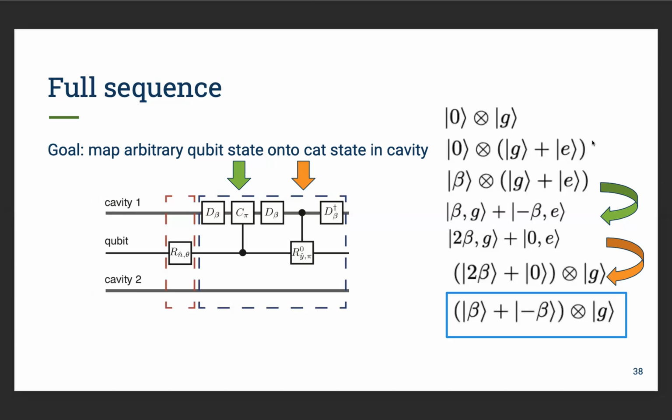I was more under the impression that once you have your qubit, you've done some computations on it, and you want to hold on to that information for some amount of time, you will transfer it from a qubit state to a photonic state. There are multiple approaches to that. Okay.